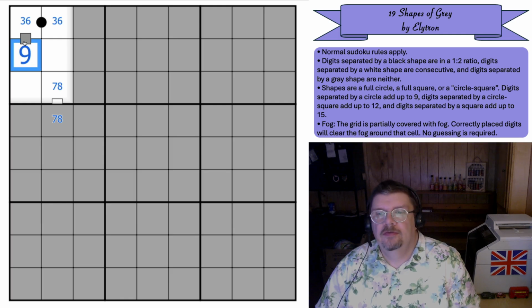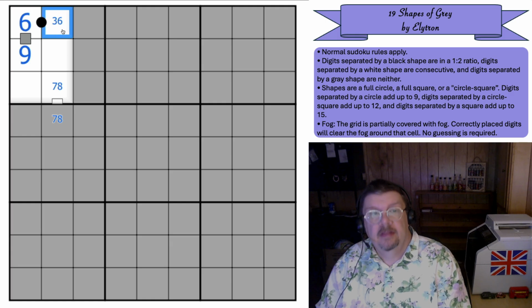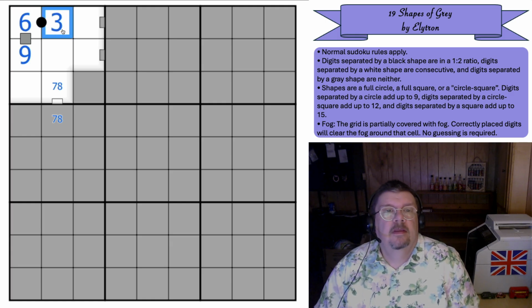Now that we know that this is a square, it adds up to 15. That makes this a 6. That makes this a 3. That's useful to actually finish off all of these. All right. This is a square or square circle. So they either add up to 12 or to 15.